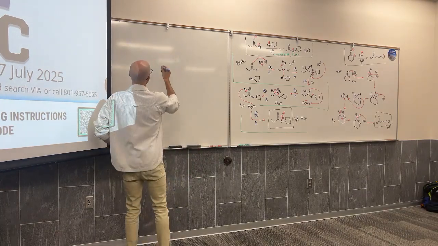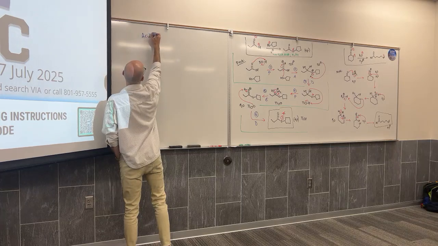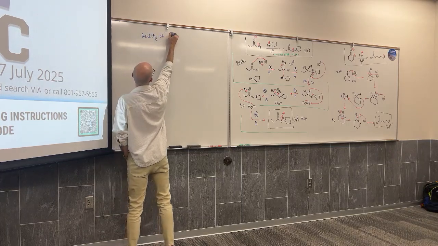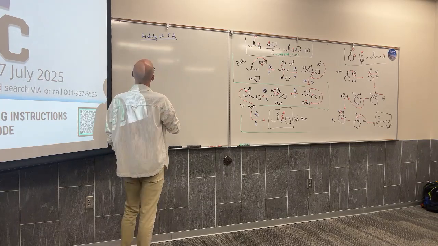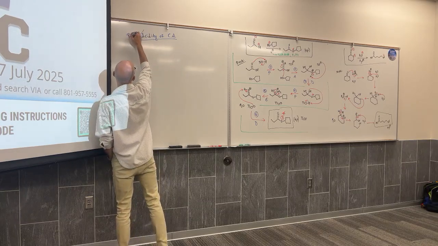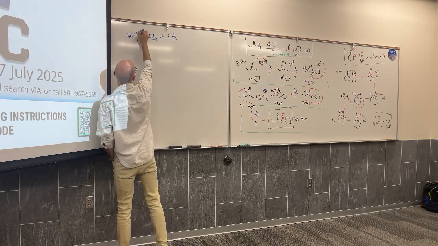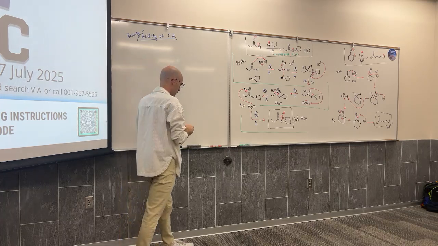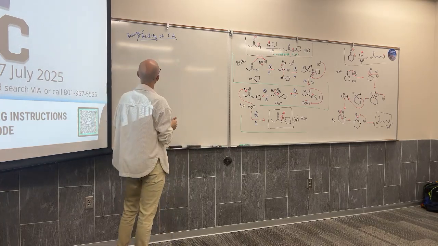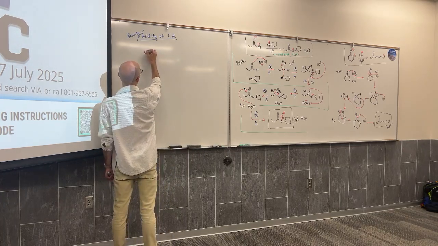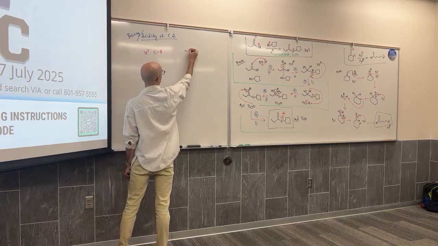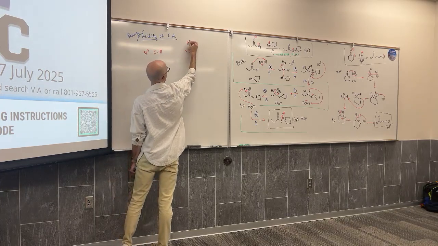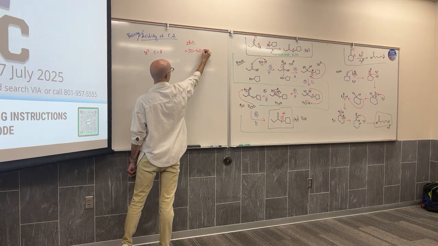I do want to take an aside to talk about the acidity of carboxylic acids. I guess actually I also want to talk about their basicity. If we look at an sp3 CH carbon, this has a pKa in the 50s and 60s.